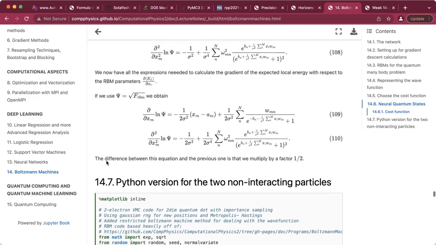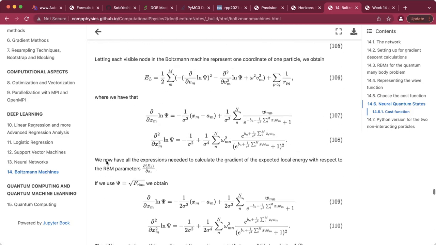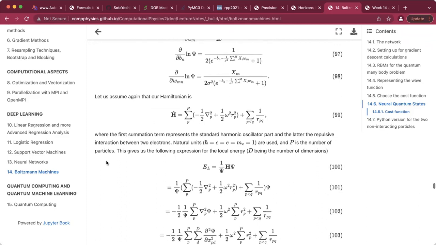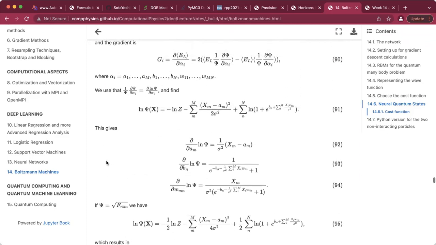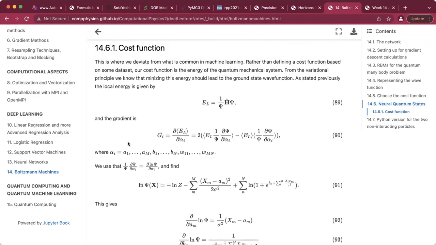So let me try to step you through the basics of the program, and let me remind you of what we need. What we are going to optimize and drive to 0 is equation 90, and equation 90 depends on the new parameters. These are no longer your variational parameters, but the biases of the visible layer or input layer, the biases of the hidden layer, and the weights which connect the visible layer with the hidden layer.